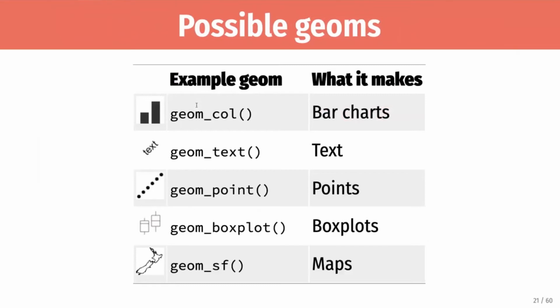Some common ones are things like geom_point, geom_col for columns. You can actually put text on the plot using geom_text. There are things like geom_boxplot or geom_violin. You can do histograms, geom_histogram. You can even do GIS type stuff with maps using geom_sf, and it'll do plots of geographic features, which is really cool.